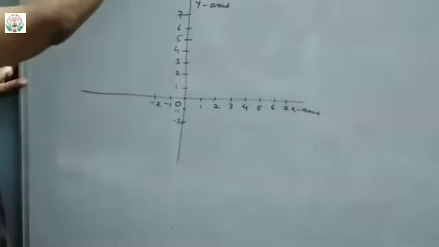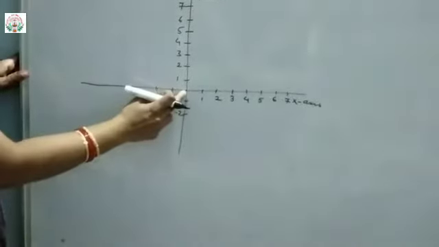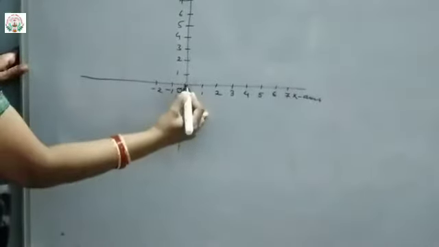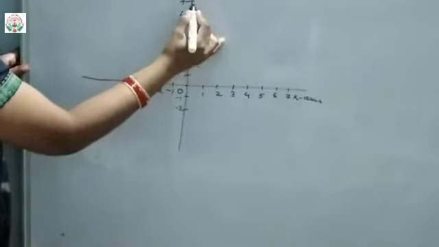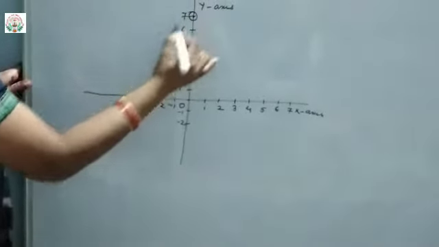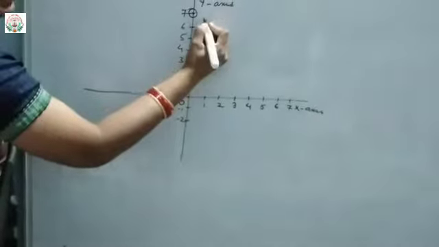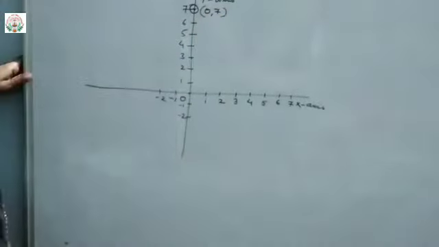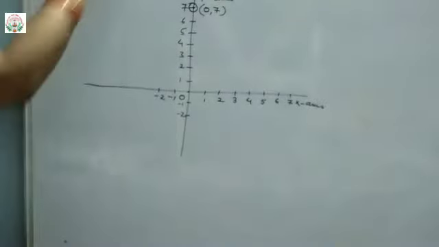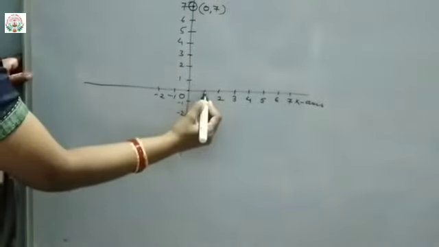Now what is my first point? That is 0 and 7. That means when x value is 0, what is my y value? That is 7. So 0, then 1, 2, 3, 4, 5, 6, 7. So this will be the point. So I can mark it here as x is 0, y is 7. First point I got. Then what is my second one? That is when x is 1.